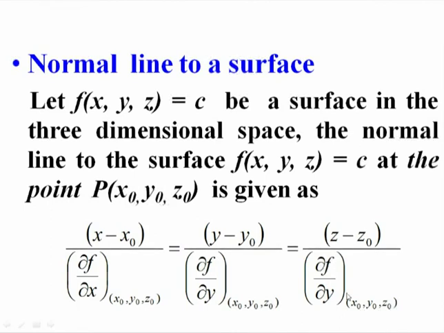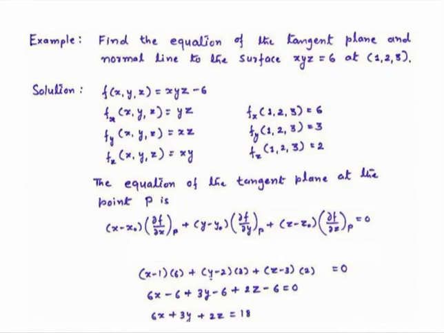Now let us take some examples to find the tangent plane and normal line for given surfaces. Let us take the first example. Find the equation of a tangent plane and normal line to the surface xyz = 6 at the point (1, 2, 3).